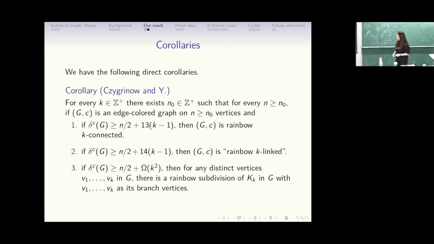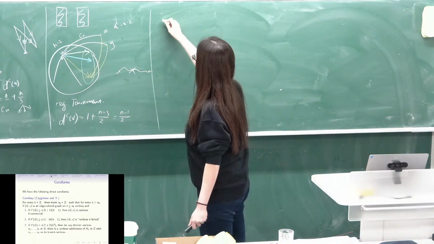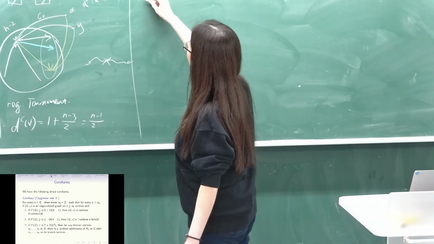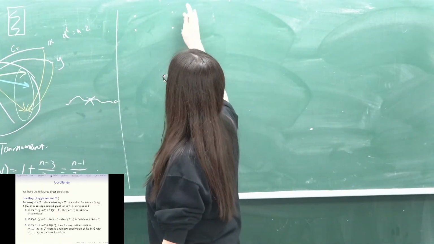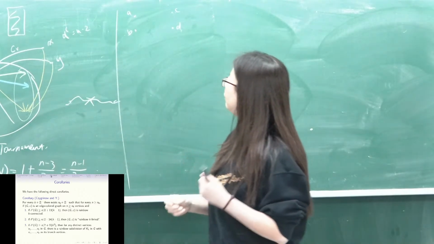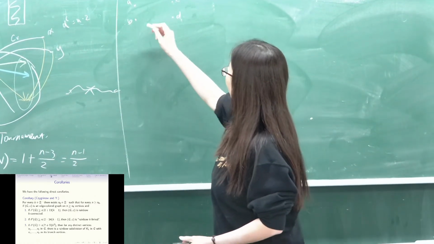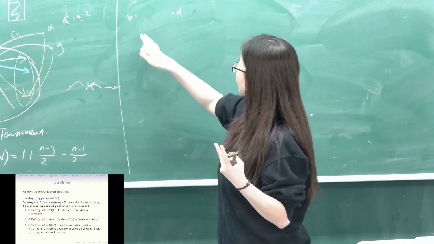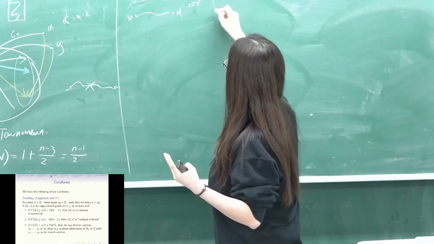What are the linkings? That's a good question. I didn't define it here, so let me just say the difference between two-connected and two-linked. Now, if we fix 4 vertices, A, B, C, D, and this graph is two-connected, then I know that there have to be 2 different paths from A, B to C, D. It could go this way, or it could go this way.